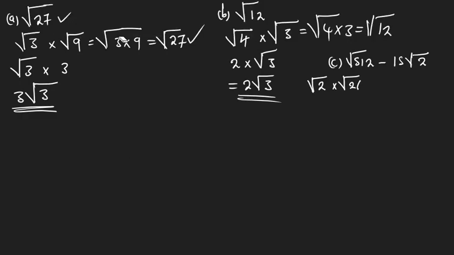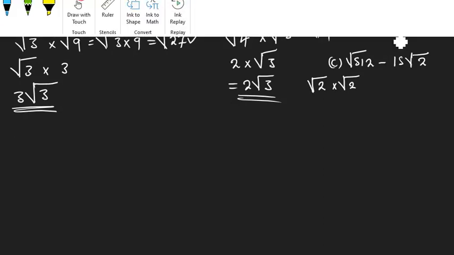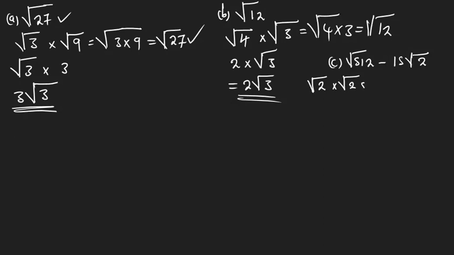Let me just wipe my board. So this is supposed to be 256. If you multiply the 2, you will get this figure, minus 15 root of 2. This is just the same as root of 2.